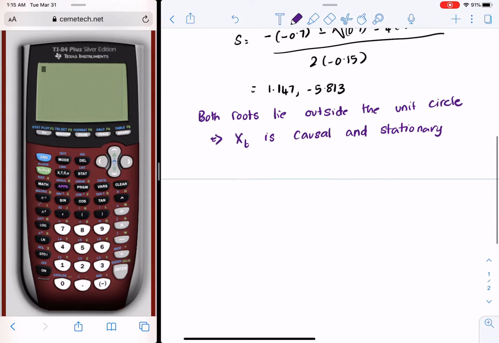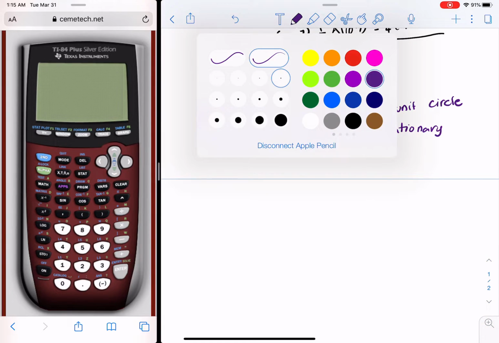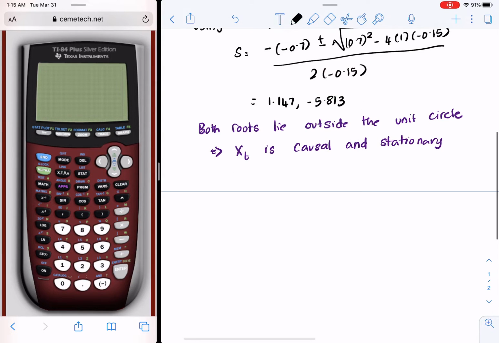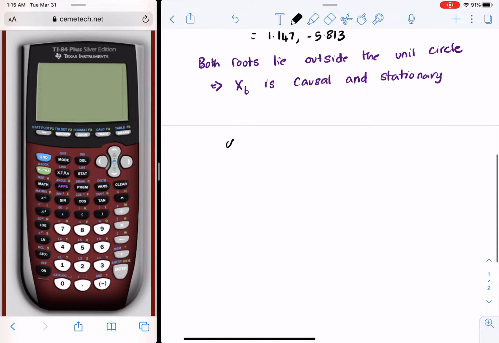So since the roots are 1.147 and negative 5.813, we would have the inverse of the roots to be alpha 1 equals 1 over 1.147 and alpha 2 equals 1 over negative 5.813.